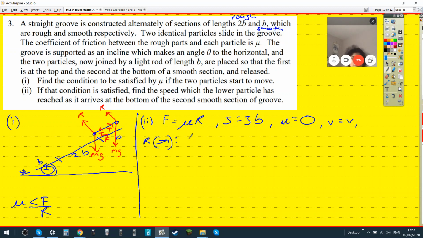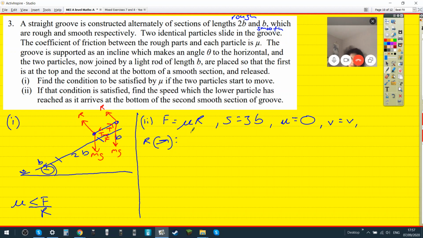I feel like you'd have to resolve them separately because their frictions are in different directions. Are they? Oh no, they're not. Never mind. Would you have to resolve them separately, or could you do it together? We could try together.